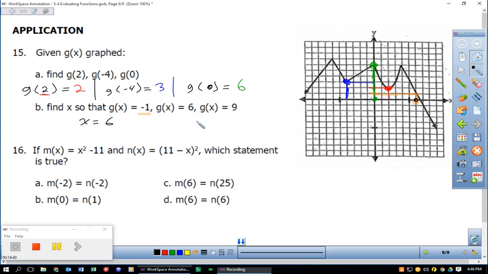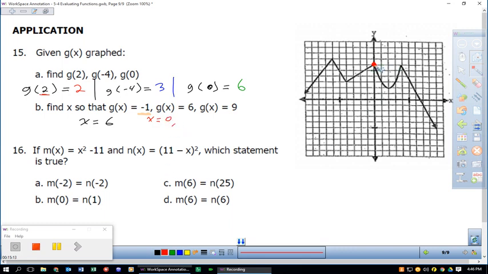Second one there, g of x equals 6. I'm going to go and erase all of this so I can use different colors. All right, so g of x equals 6. It means we're going to start at 6 up on the graph. So that's 1, 2, 3, 4, 5, 6. One place is actually here at x equals 0.